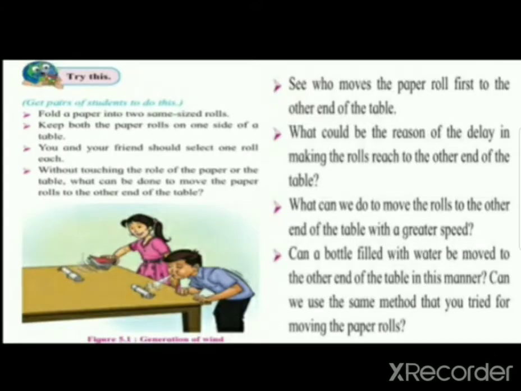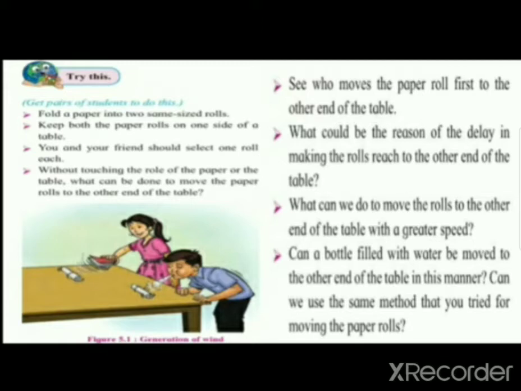Now here they are given one activity. You have to take a paper and fold it into small, same size rolls. Keep both the paper rolls on one side of a table. You and your friend should select one roll each.